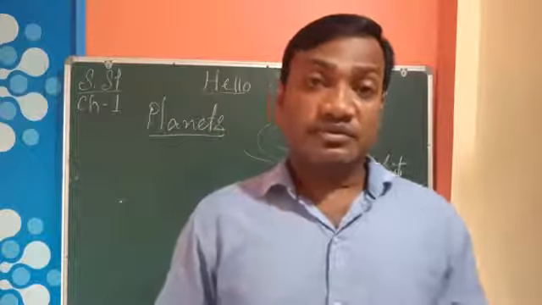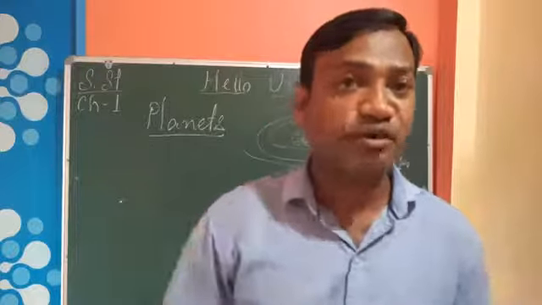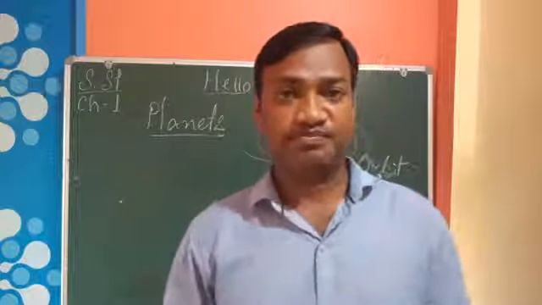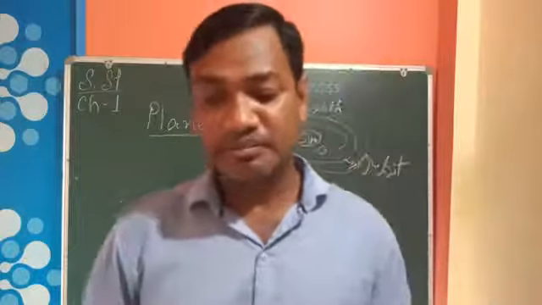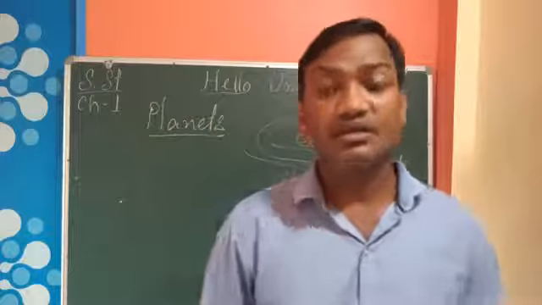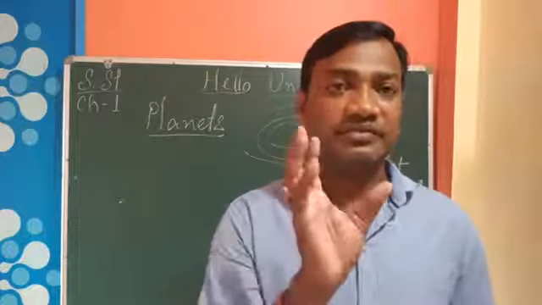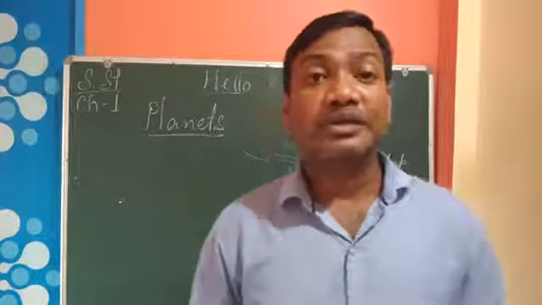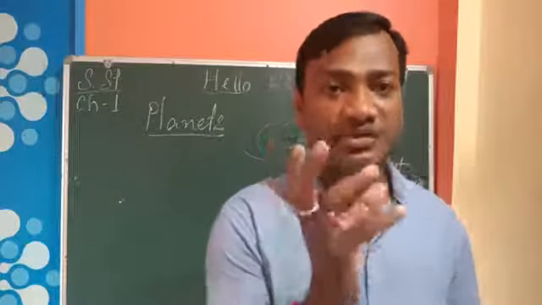Now these 2 things we have discussed. That means the composition. By composition we have grouped them. Now if we see the size, Mercury, Venus, Earth and Mars, these planets are small in size. So their size is very small, and they are also called lesser planets because they are very small.